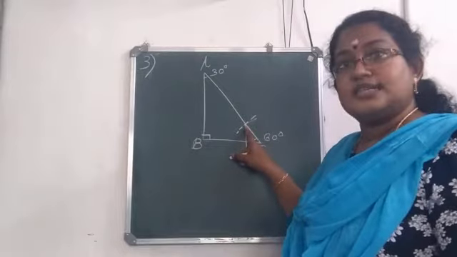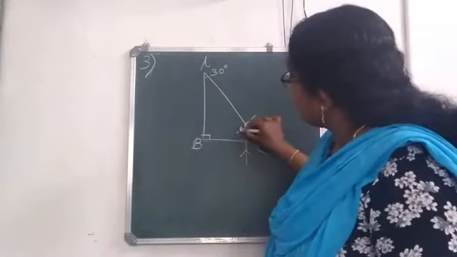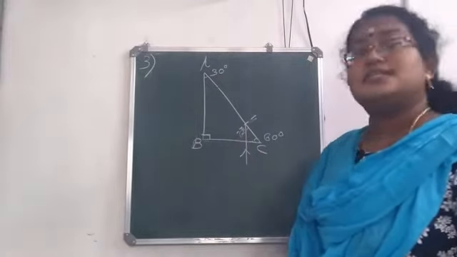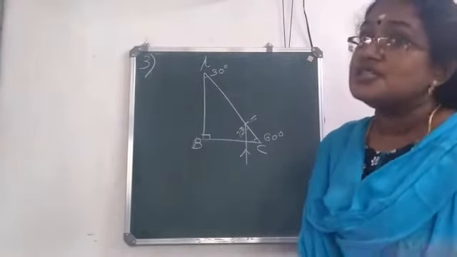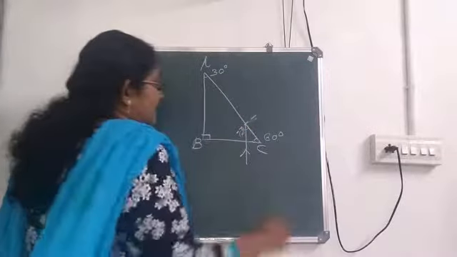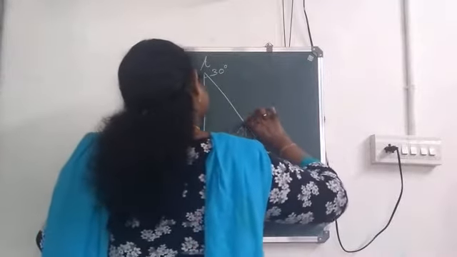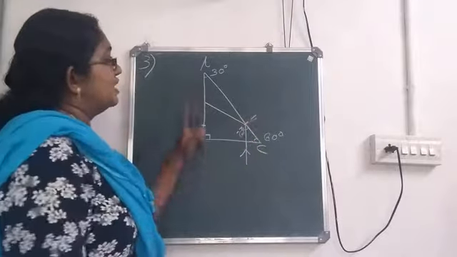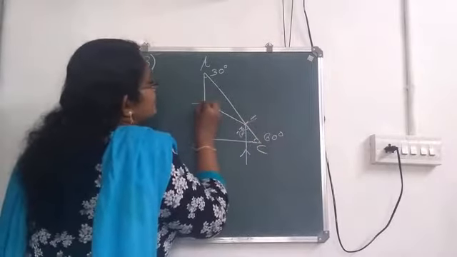So this is 30. This 30 angle, this angle is 60 degree. Isn't it? So here the angle of incidence is 60 degree, which is greater than the critical angle. So the ray undergoes total internal reflection and it hits on the surface AB.